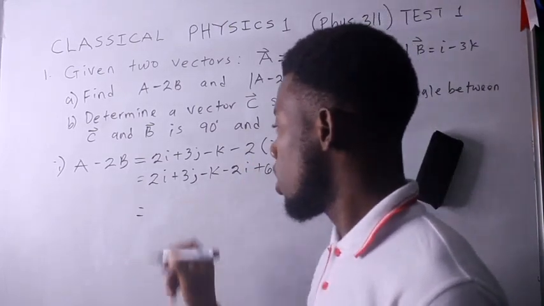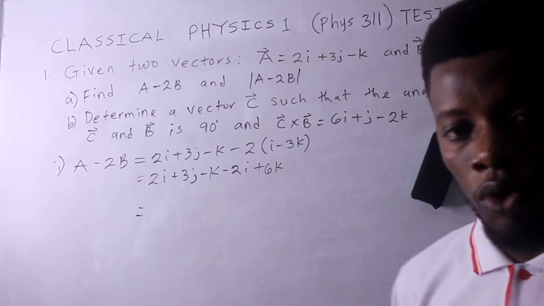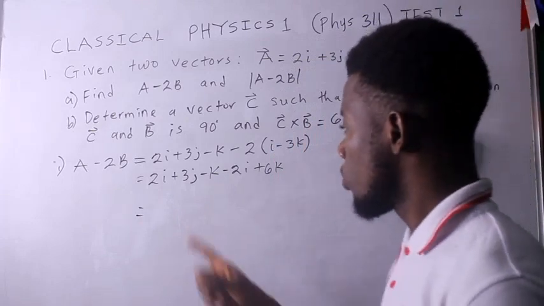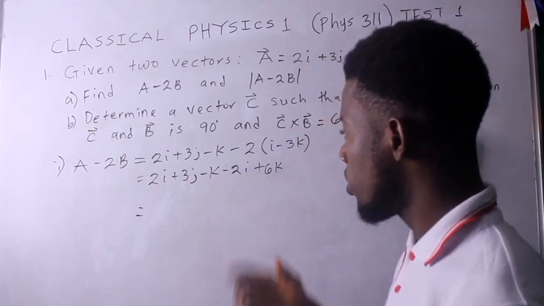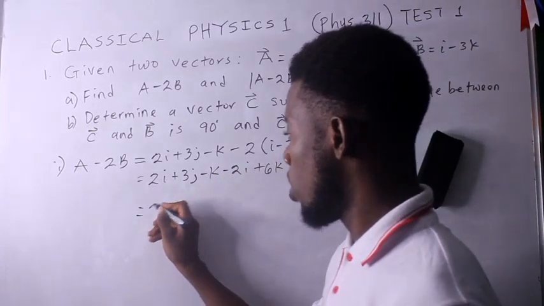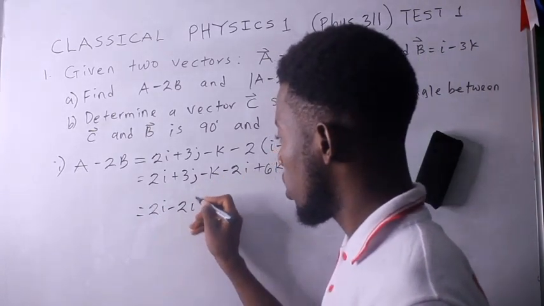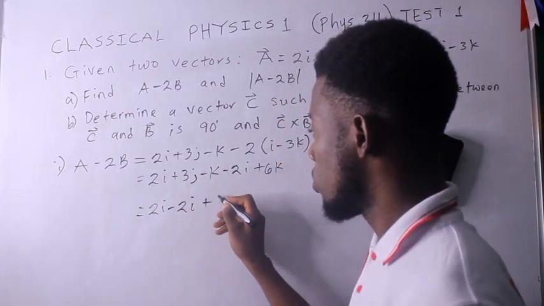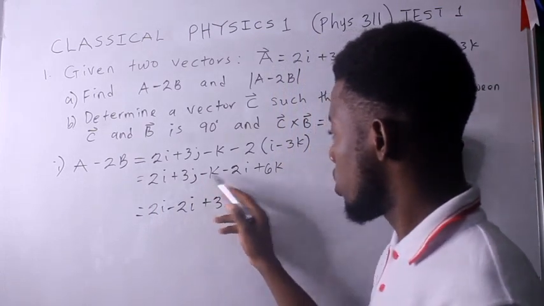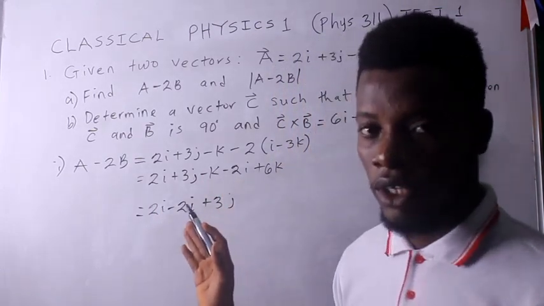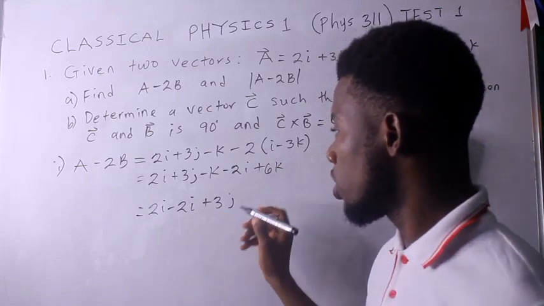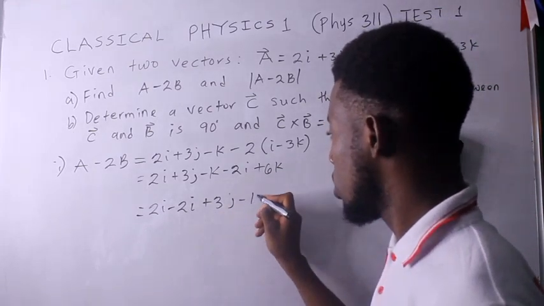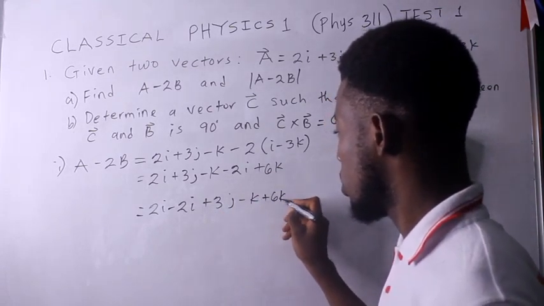Good. Now, at this junction, we collect like terms. So 2r minus 2r is going to cancel out. And then we have plus 3j. Now there are no like terms here for j, so we just write 3j and then we'll go to k. We have minus k plus 6k.